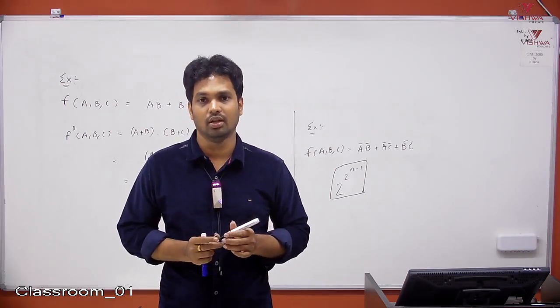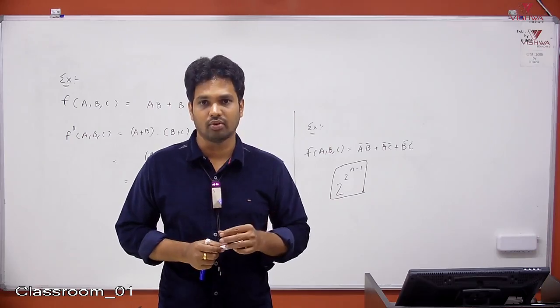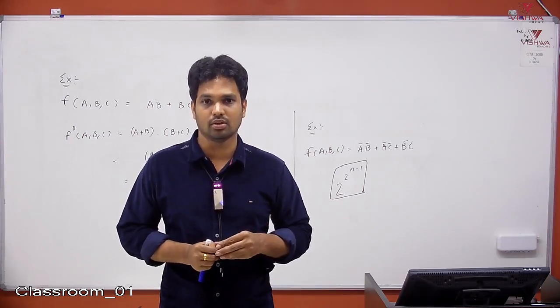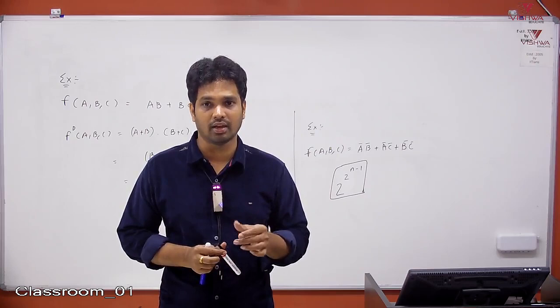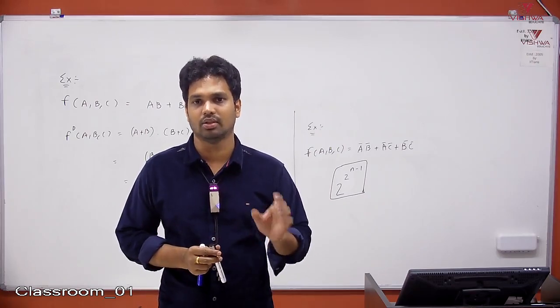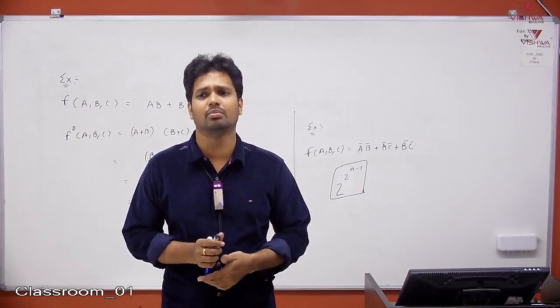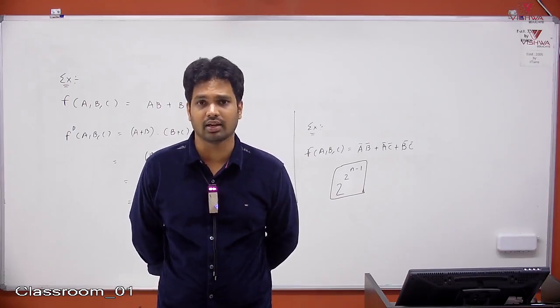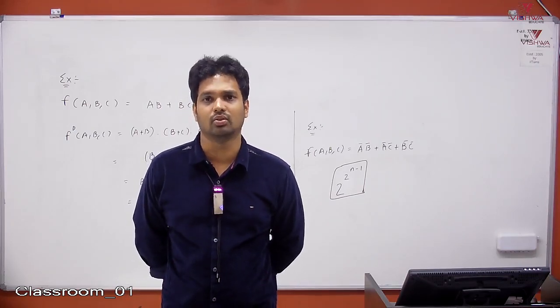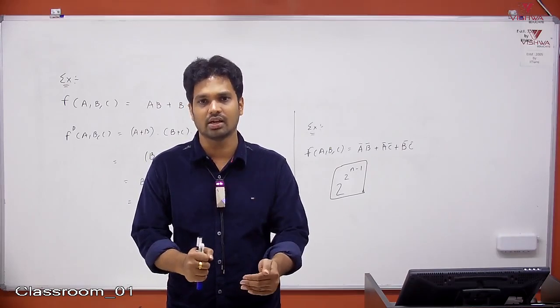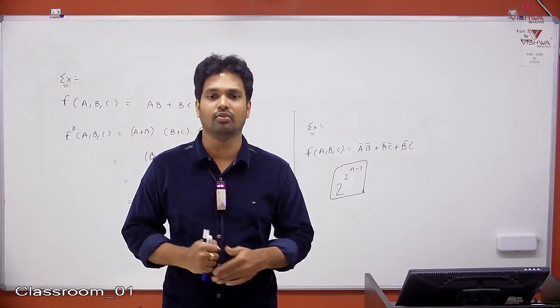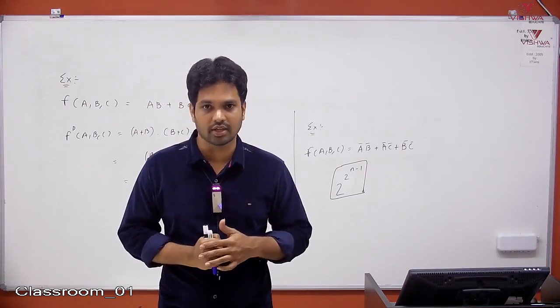You can try the proof. Anyway I will solve it in the class, but you try it first. Take the logic, when will I get this condition, and try it. If you can try, it will be good. Otherwise we'll solve it again in the class.